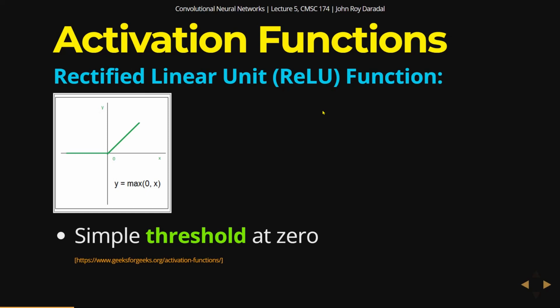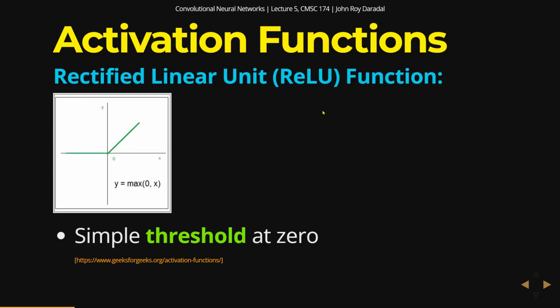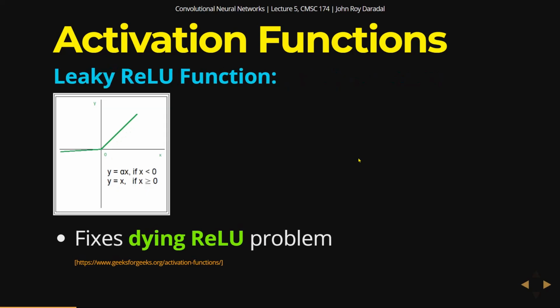greater than 0. The problem with ReLU is that you have the dying ReLU problem, wherein if most of the activations here are 0, then you kind of stop learning because none of the neurons are being activated, right? So to fix this, there was an improvement called the leaky ReLU function.